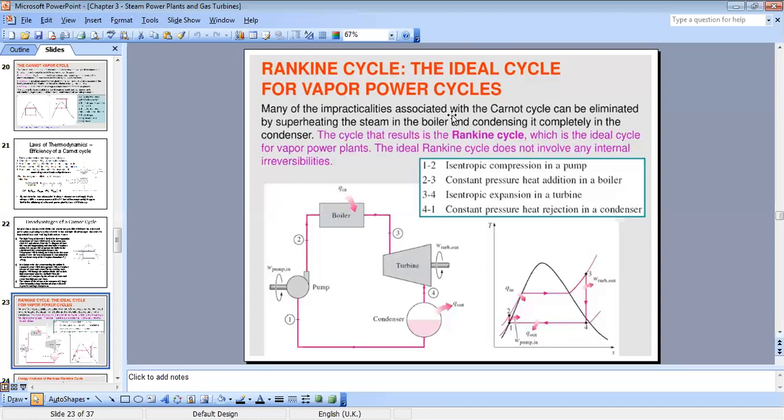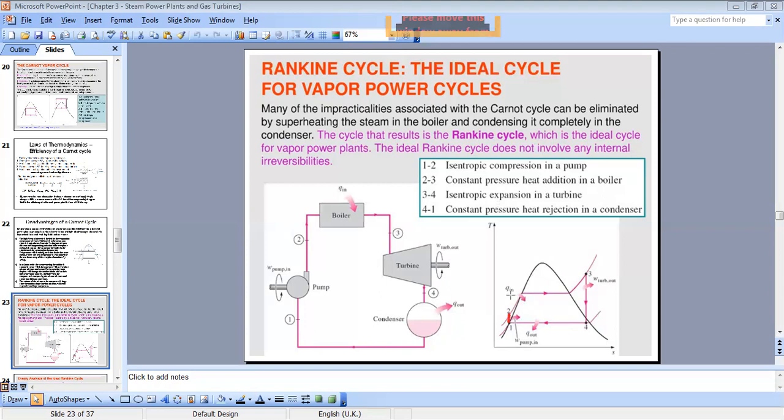So as you can see here, if I can start the pumping effect from point 1, then the pumping will take place outside of my curve. This means that I can do pumping in the liquid zone. This is why it will be a good idea to enter the pump at state 1, which is just at the saturated liquid level. Okay.